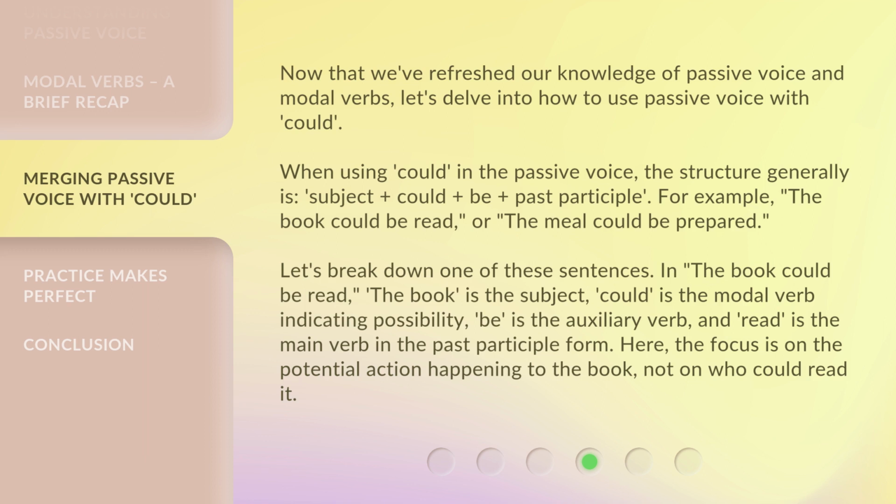In the book could be read, the book is the subject, could is the modal verb indicating possibility, be is the auxiliary verb, and read is the main verb in the past participle form. Here, the focus is on the potential action happening to the book, not on who could read it.